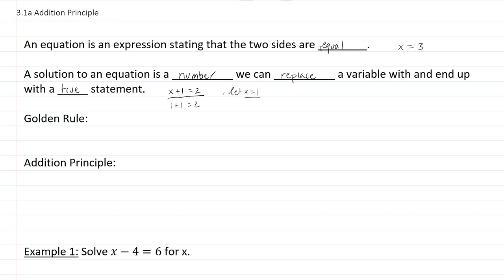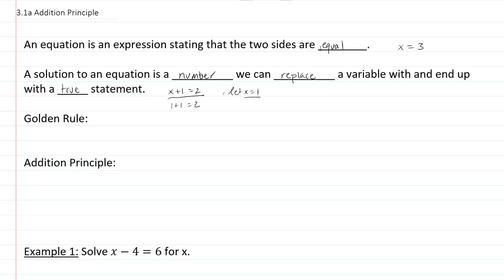So how do we solve equations without just guessing and checking at random? That would take a long time, potentially. So when working with equations, we always adhere to something called the golden rule, or the golden rule of algebra.